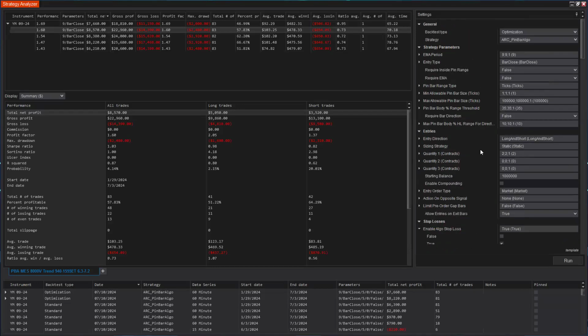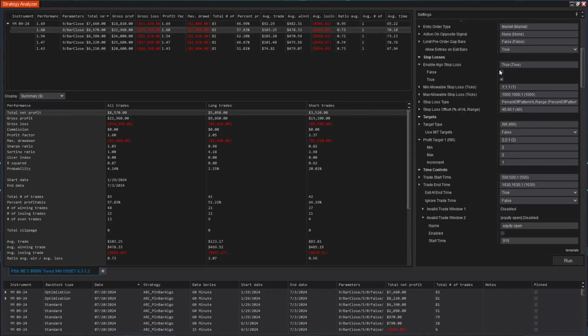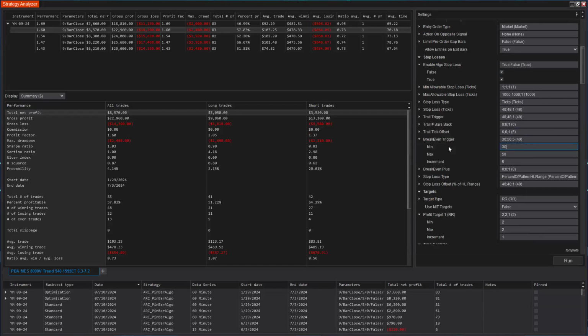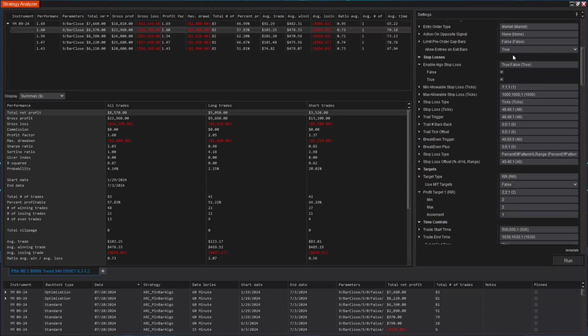So yeah, 40 break even is probably the way to go. So now I'm just going to... I can't test it on or off, so let's save it.